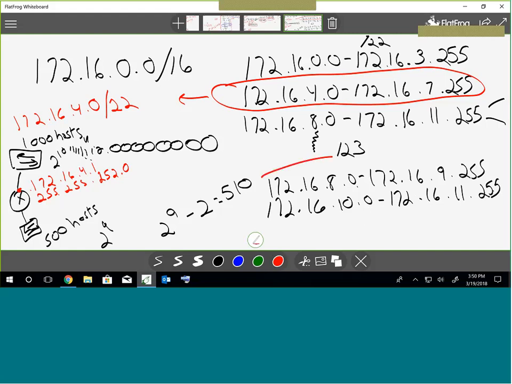Now I can pull one of these networks out, and that could become the network that goes right here, with a new mask of /23, which would be 255.255.254.0.